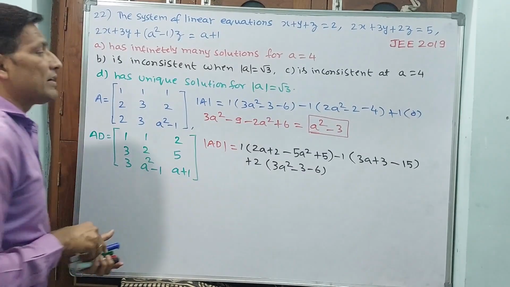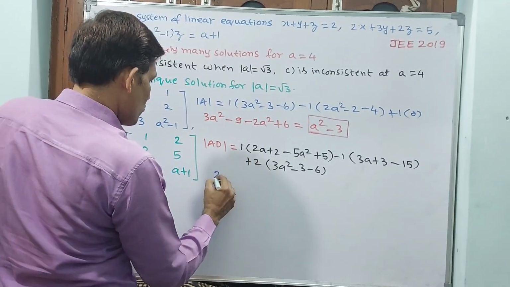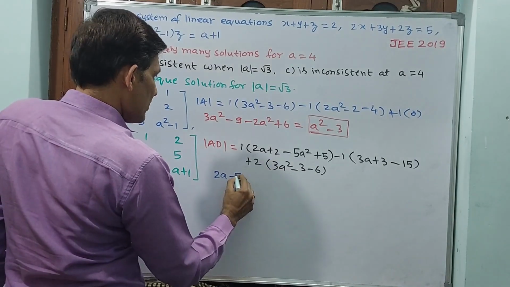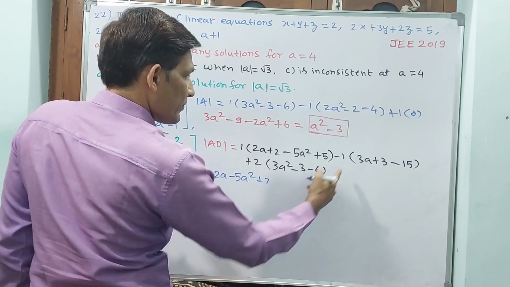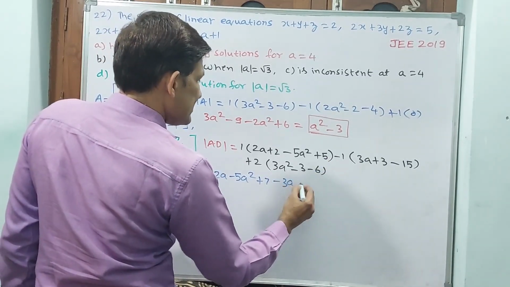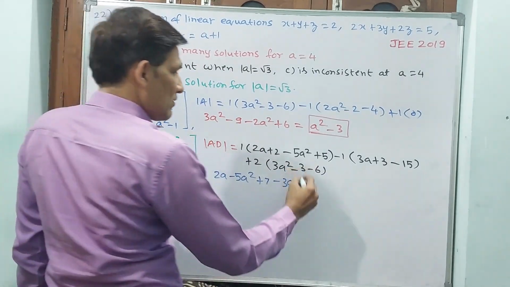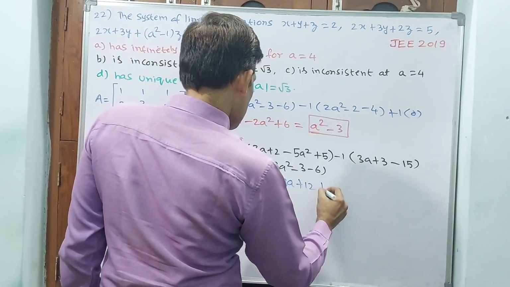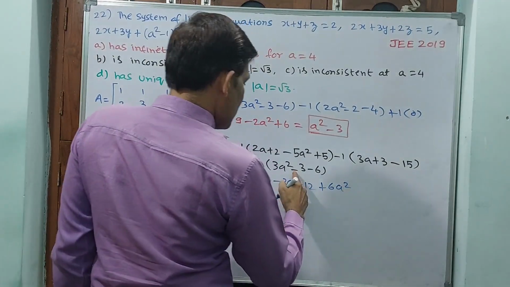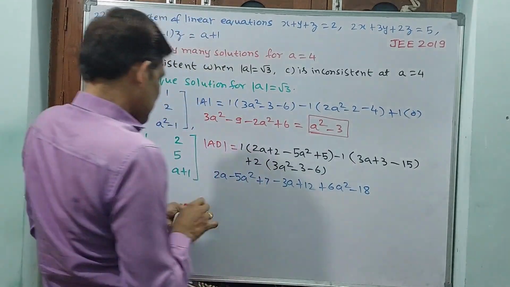Now see what will come under. Let us see. See here, 2a minus 5a square will come, plus 7 minus 3a, 3 minus 15 is minus 12, minus of minus plus 12, outside minus is there. Here plus 6a square minus 9 minus 18.